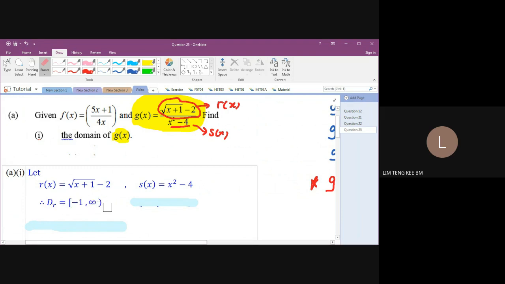By right, you should be able to determine this quickly for a square root function: the domain is as simple as taking the content inside the square root, setting it greater than or equal to 0, and solving the inequality. For the quadratic, if there's no specific requirement, in general it should be negative infinity to infinity.